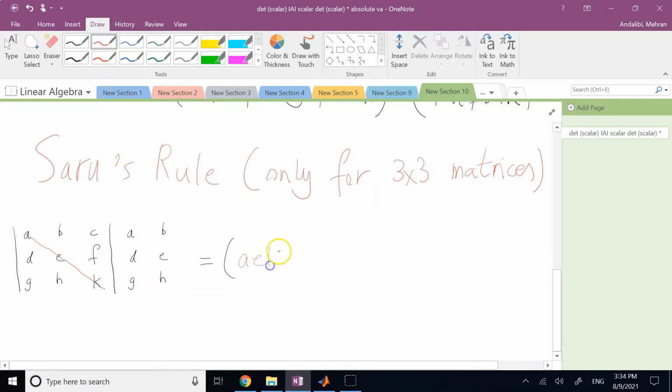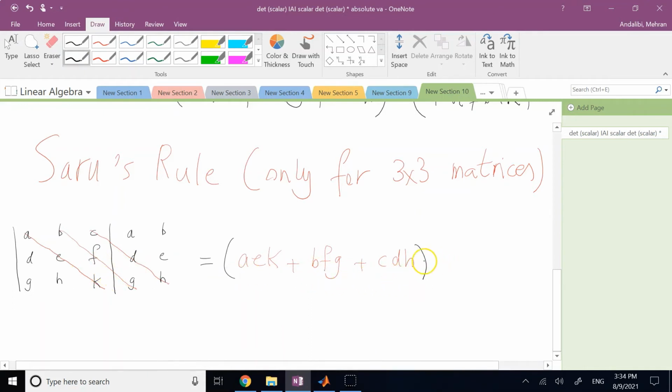Then shift your diagonal 1 unit to the right. You will get plus BFG. And shift it 1 more time. What is it? Plus CDH, right? So the main diagonal and the 2 parallels to it are multiplied, all elements together.